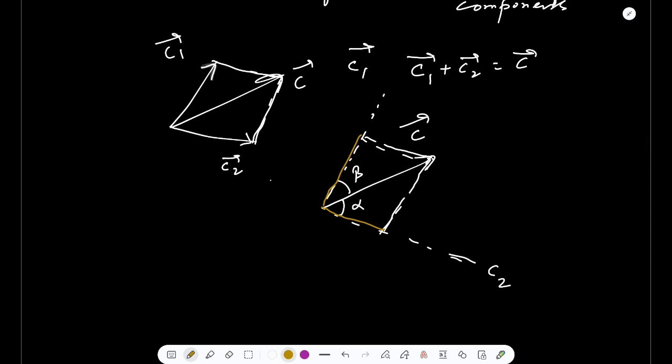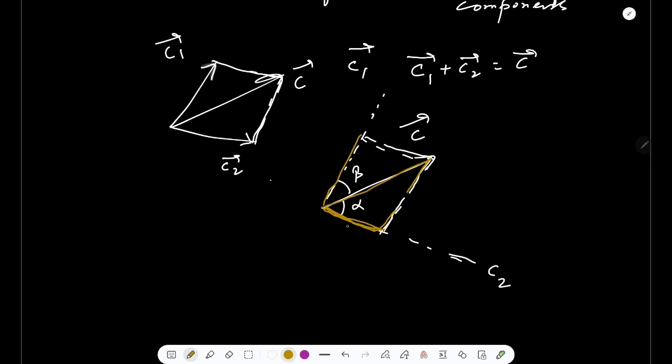You can find them using sine formula or cosine formula. Suppose that you want to find the scalar component of vector c along c2.